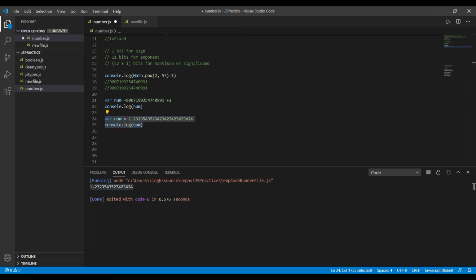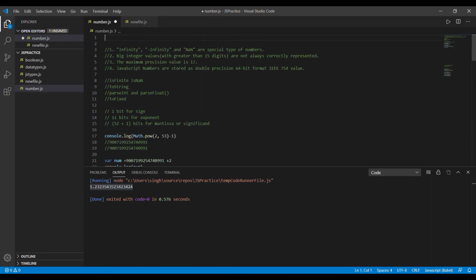If we count these digits, 1, 2, 3, 4, 5, 6, 7, 8, 9, 10, 11, 12, 13, 14, 15, 16, and 17, in total there are 17 digits. If we use more digits, they will require more bits, which is not possible, so we cannot represent them. JavaScript makes sure that only 17 digits can be represented.